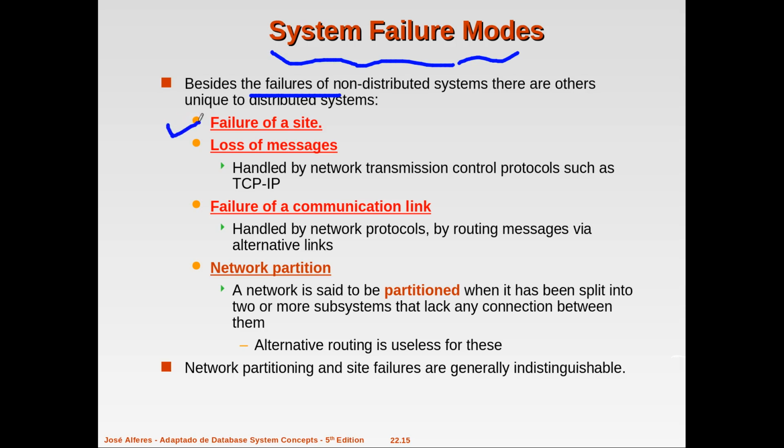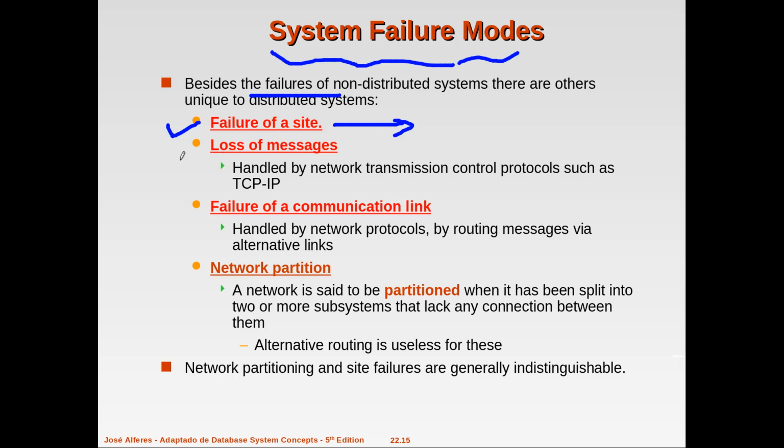The first point is failure of a site, one of the major problems. If one of the sites fails, it will affect the result of the entire transaction. That depends on that particular site. We cannot complete the transaction if a particular site fails. So we should have some provision for recovering from that failure.